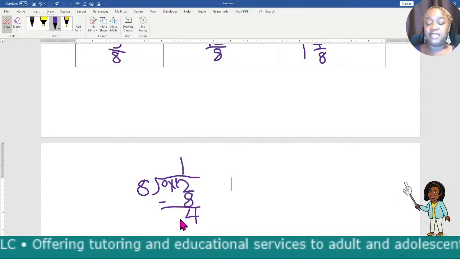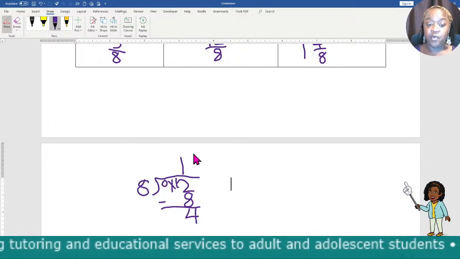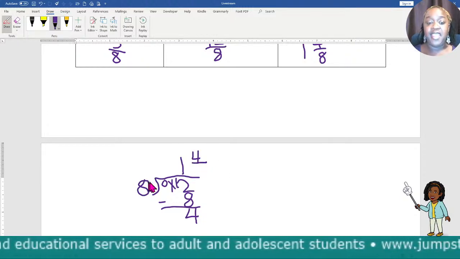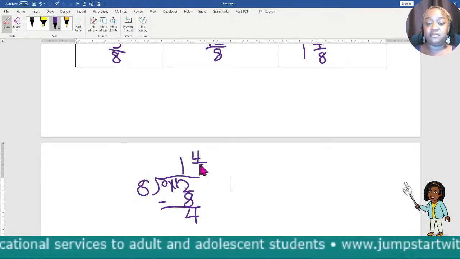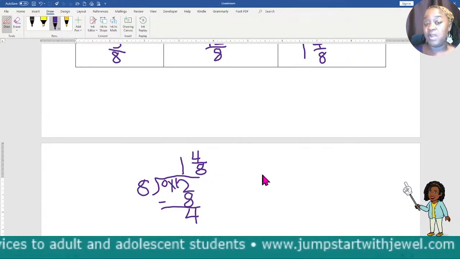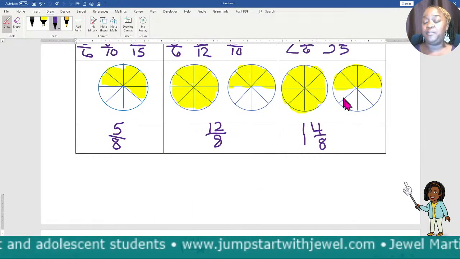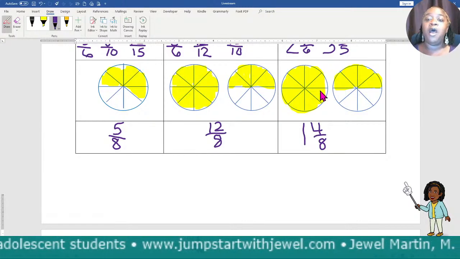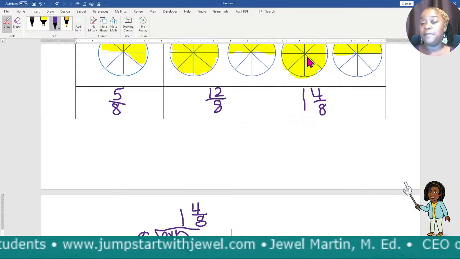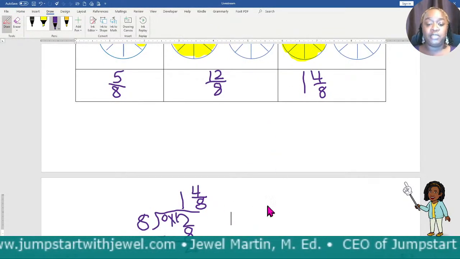In this case, instead of being a 1 with a remainder of 4, this 4, you actually put it up here. This becomes your numerator, and the divisor, the 8, is still your denominator. So here we have 1 and 4/8, the same as we have up here, showing the picture, the model of the fraction 1 and 4/8. So if you didn't have a picture or a model to look at, that's the way you would do improper fractions. You would divide.